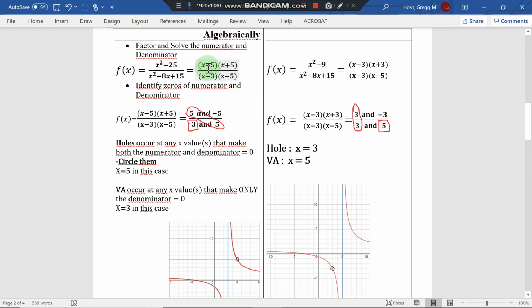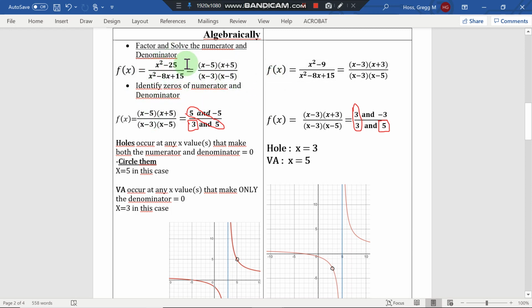We do the numerator so we can tell if either of the discontinuities is a hole. So factor both the numerator and denominator, and then we are going to solve both of them. That is, identify the zeros of the numerator and the denominator.